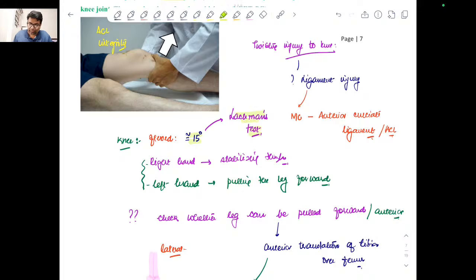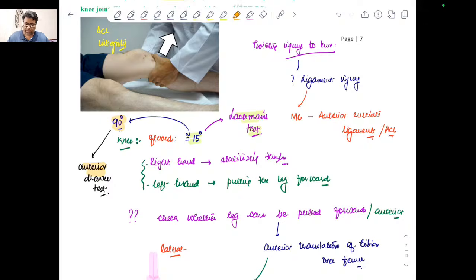Now suppose I am trying to do the same test, but I am flexing the knee to 90 degree, then the nomenclature of the test will change, and it is known as the anterior drawer test. Clear? So what you need to remember, just look at the degree of bending of knee. 15 degree Lachman, 90 degree anterior drawer test.